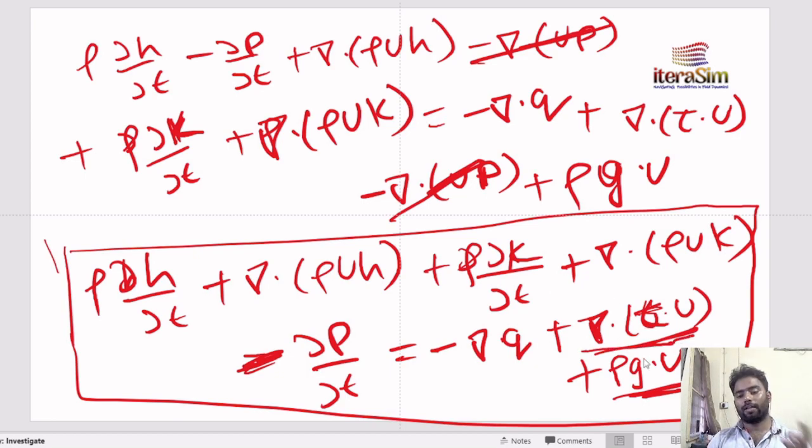However, when there are specific requirements, for example in solvers like rhoCentralPimpleFoam, then you are going to see these terms. So these are the two equations that you are going to solve, and this is the heat flux.